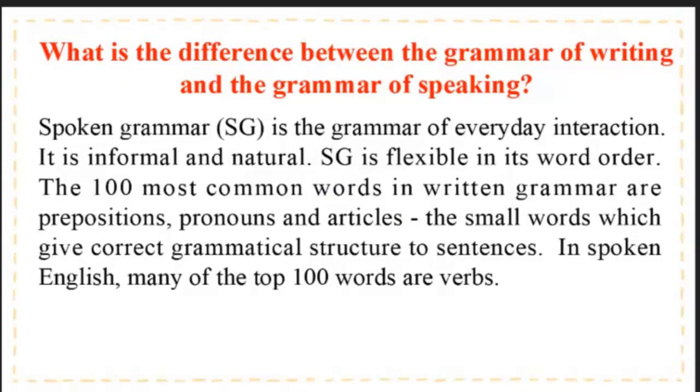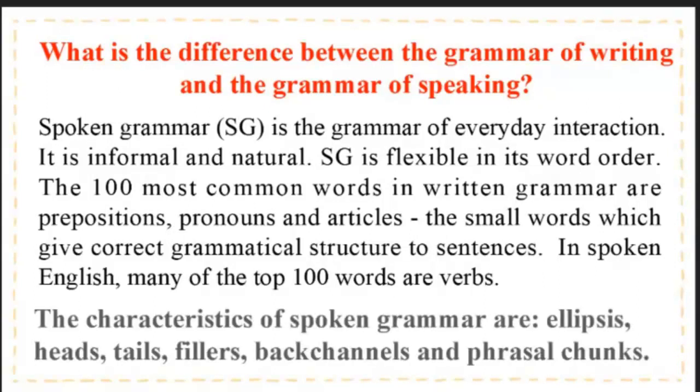The 100 most common words in written grammar are prepositions, pronouns, and articles. But in spoken English, many of the top 100 words are verbs. The characteristics of spoken grammar are ellipses, heads, tails, fillers, back channels, and brace jumps.